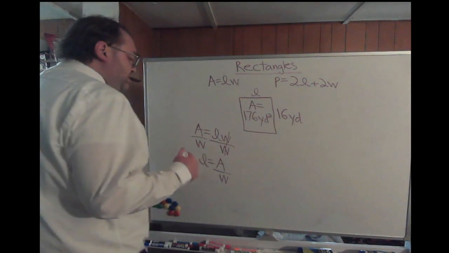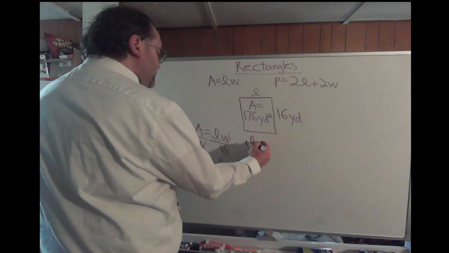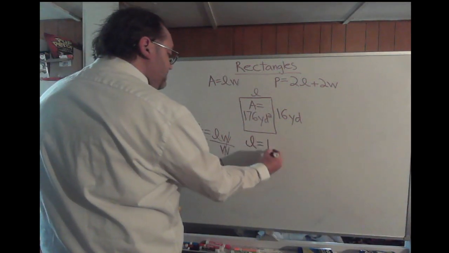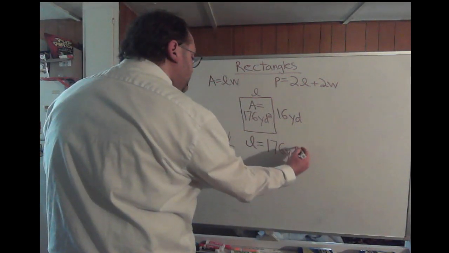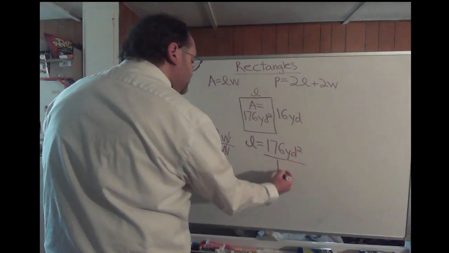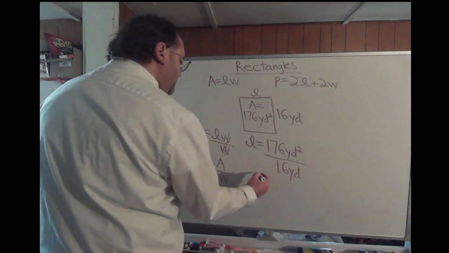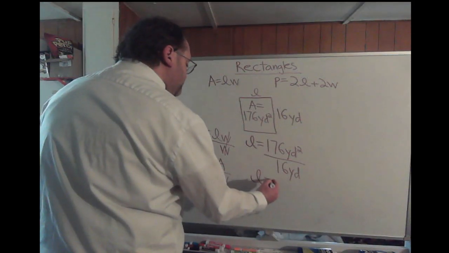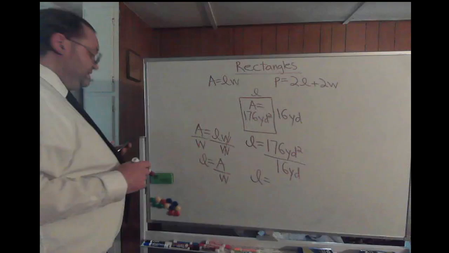Okay, so now let's actually find the length of this rectangle. The length is equal to the area, which in this case is 176 square yards, over the width, which in this case is 16 yards. So the length is going to be equal to, let's figure out what is 176 divided by 16.